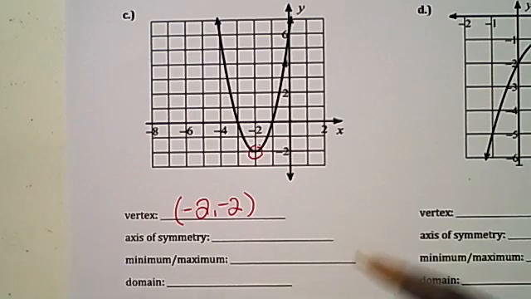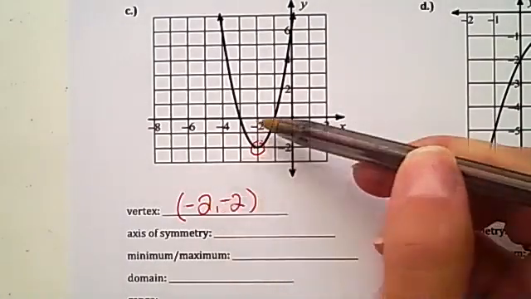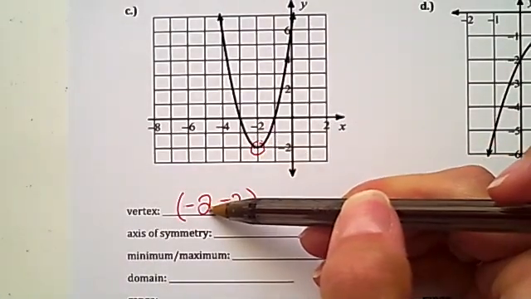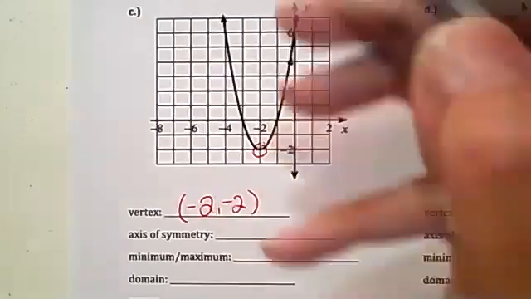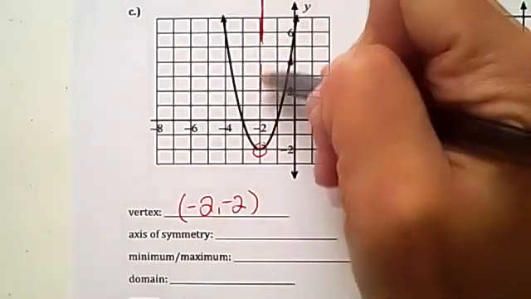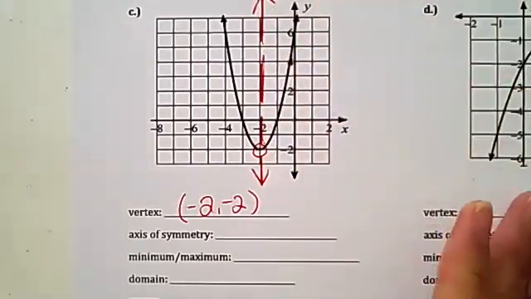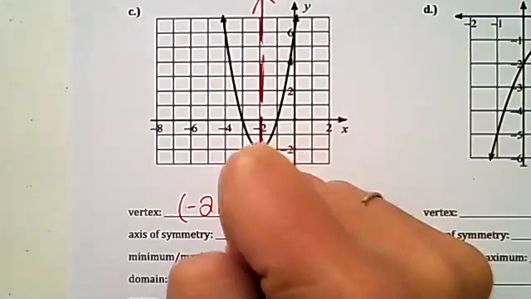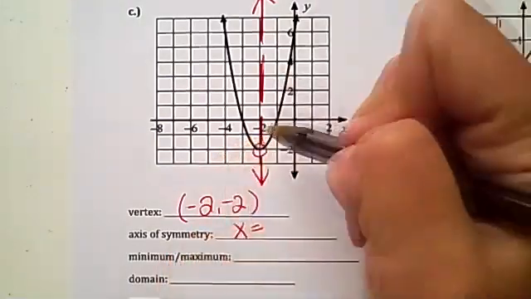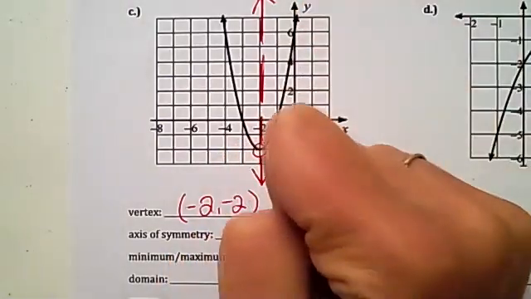Axis of symmetry: now that we know h, you could just not even look at the graph and say axis of symmetry is x equals -2, but just to show you on the graph, the axis of symmetry always goes through the vertex. So it's x equals whatever number it goes through, which is -2 or h.